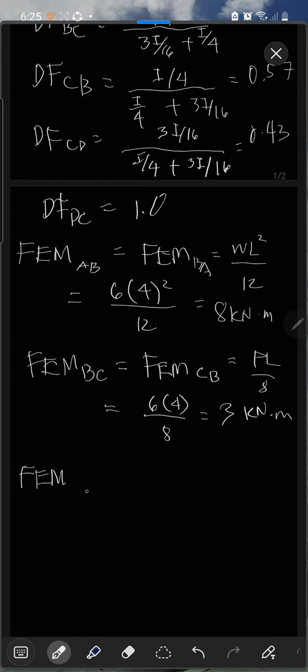So FEM CB, or at C, is wL squared over 30. So to memorize, for a triangle, where it is pointed, that is the 30. Where the maximum is, it is not CB, it is CD.